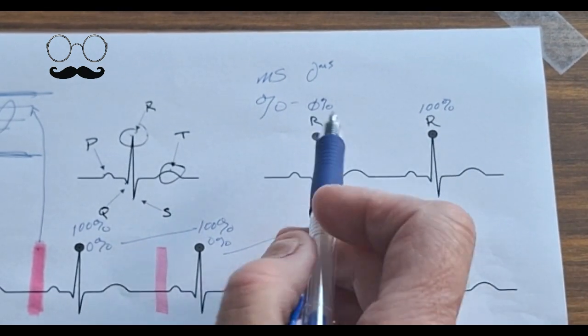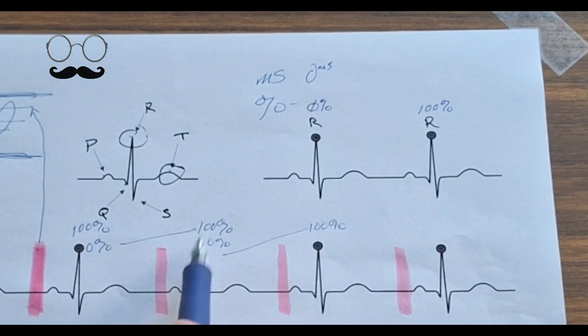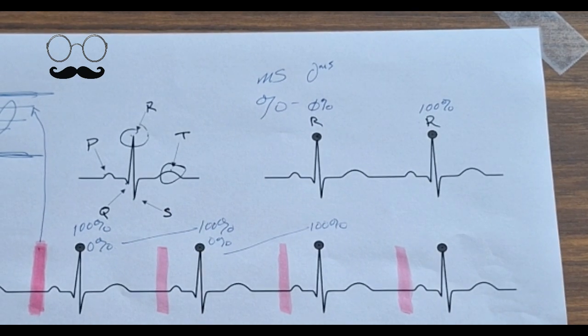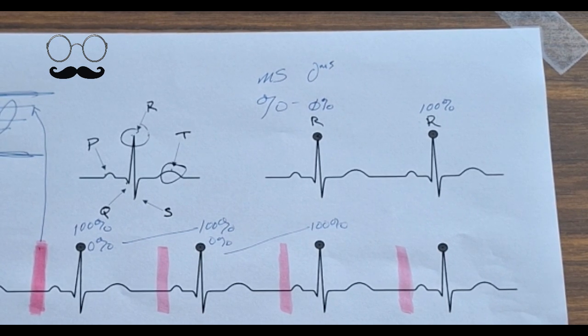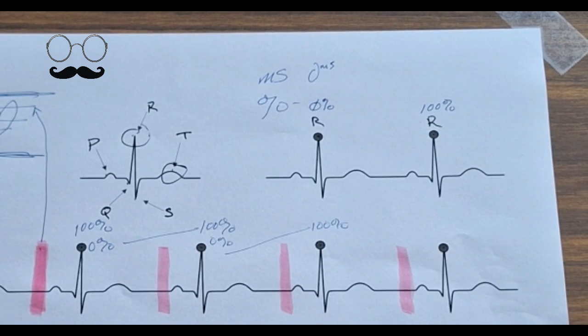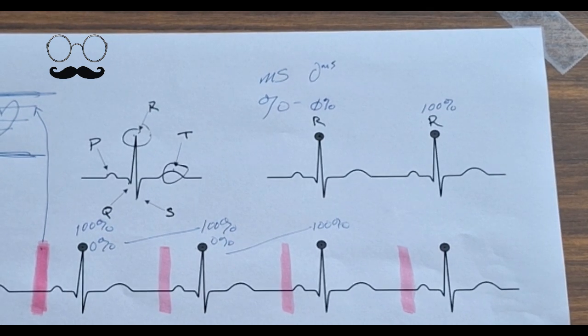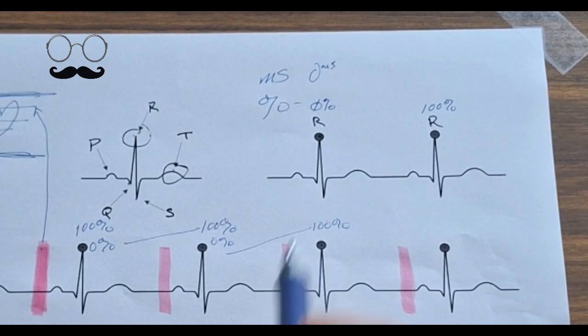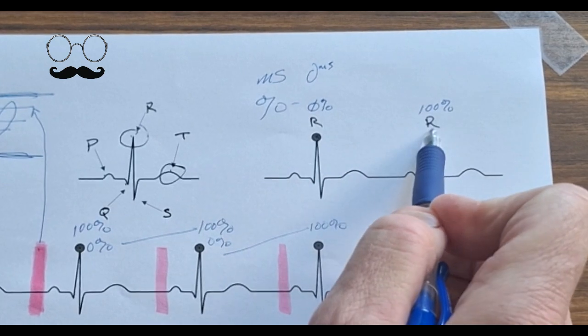Regardless, percentage scanning is always 0 to 100, 0 to 100, 0 to 100. Why this all matters is when you get into arrhythmias in the future and you start doing high or low heart rates with arrhythmias, that's where you really have to know when to apply millisecond scanning and even systolic scanning. But for today, let's understand that we need quality R tags.